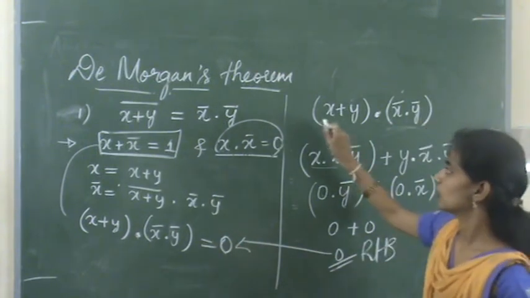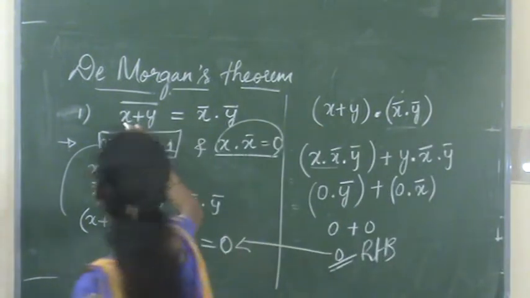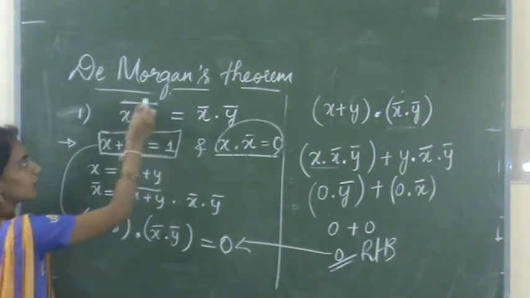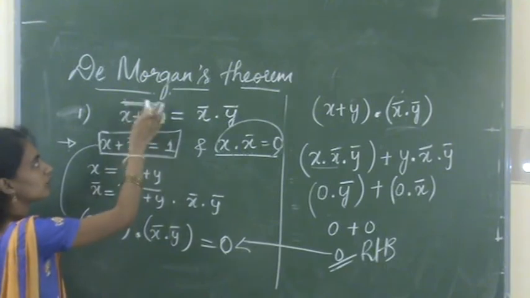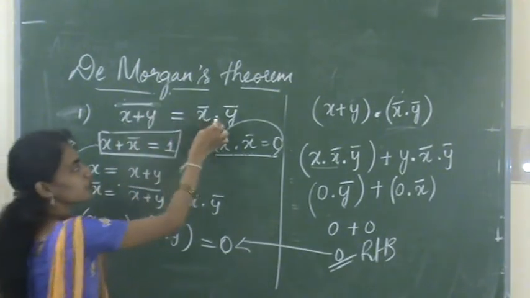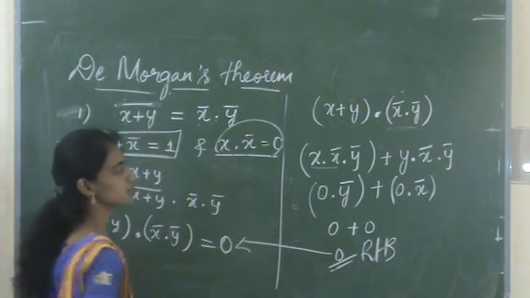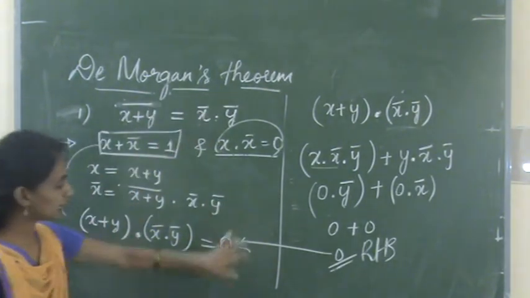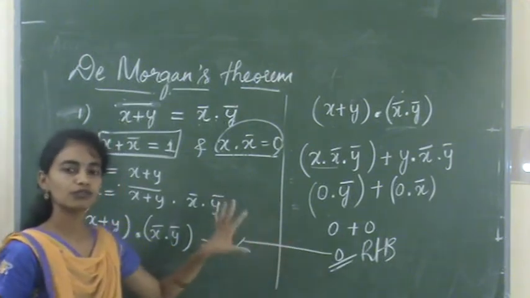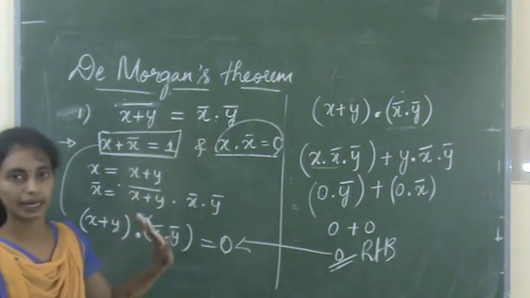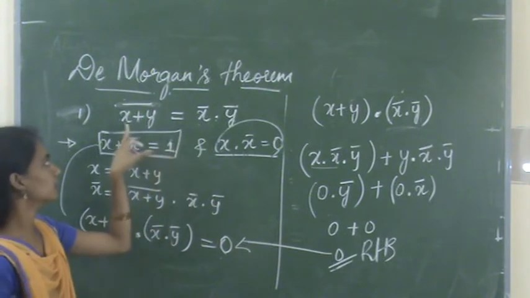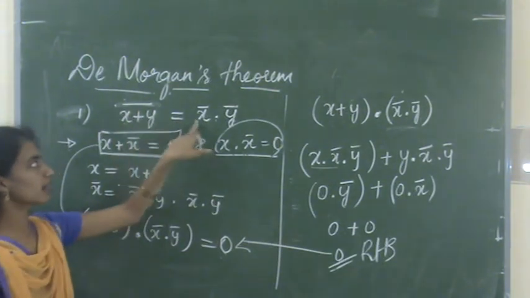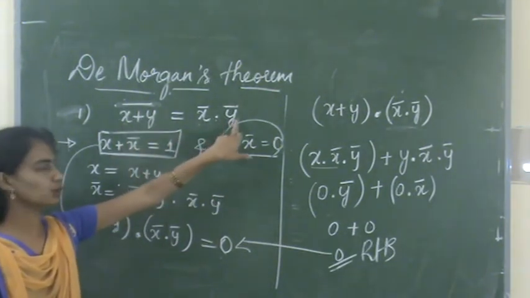So hence we prove this x plus y whole bar is equal to x bar into y bar. So in the beginning we are just assuming this is equal. So if we get the same result, we prove that the assumption is correct, right? So if the assumption is correct, then x plus y whole bar is equal to x bar into y bar.